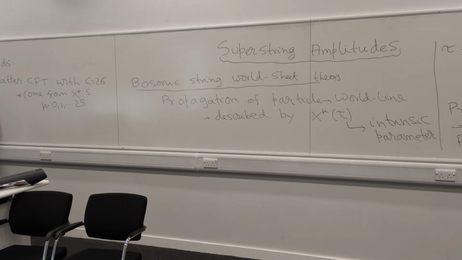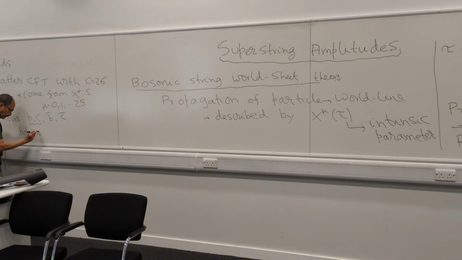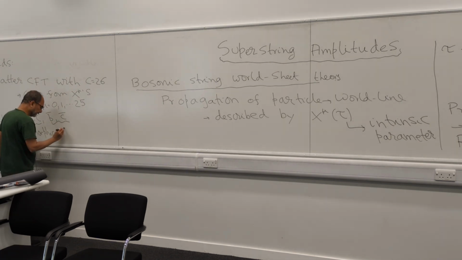Then the ghost: there are 4 sets of ghost fields. B, C, B bar and C bar. These two are holomorphic, which basically means that their equations of motion is simply that the anti-holomorphic derivative of B and C are 0, and these are anti-holomorphic.